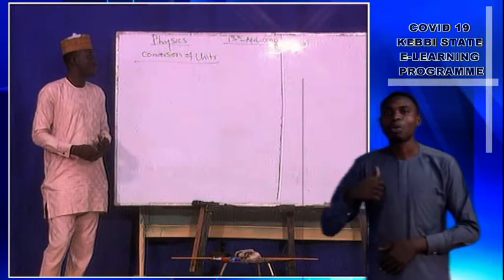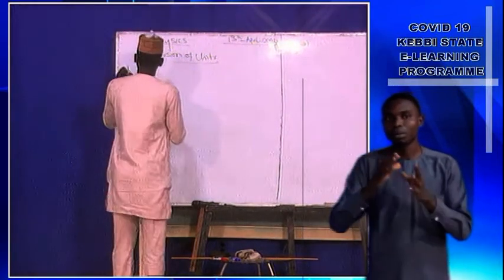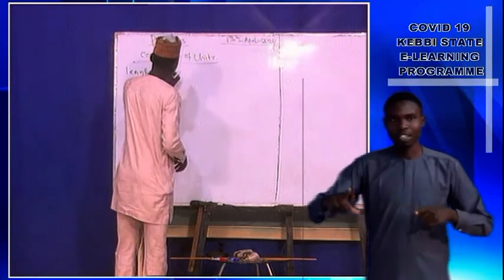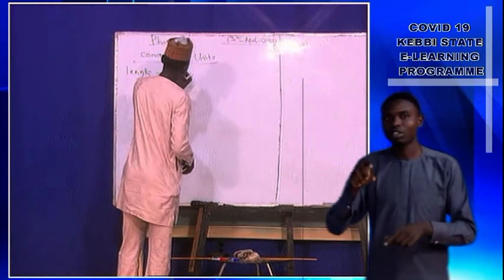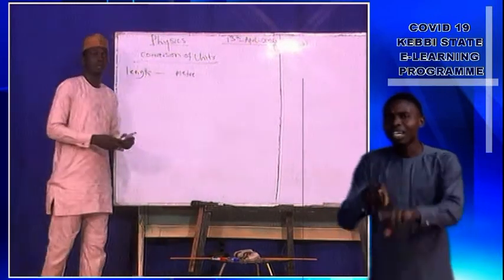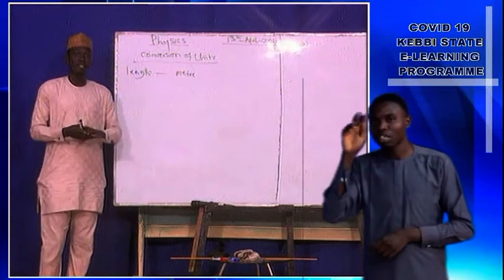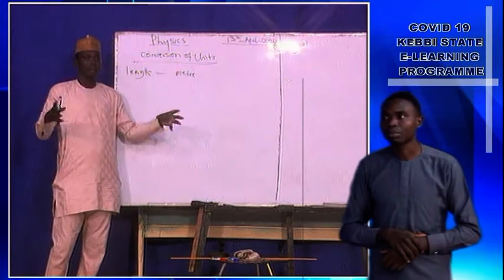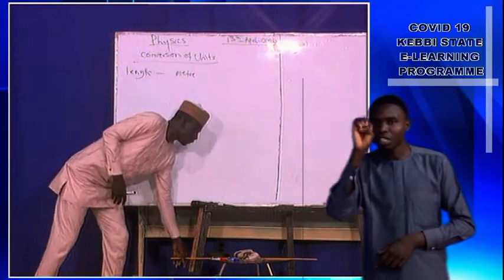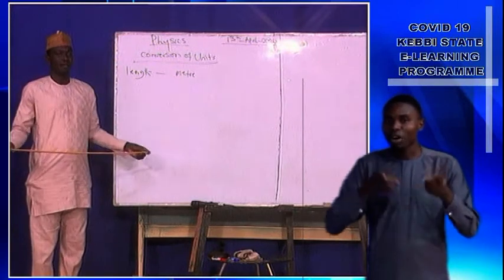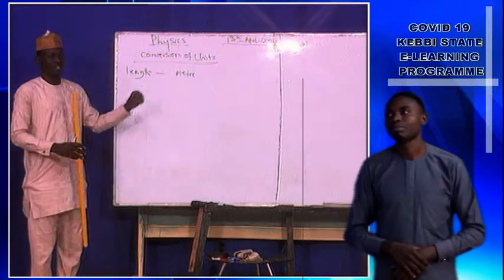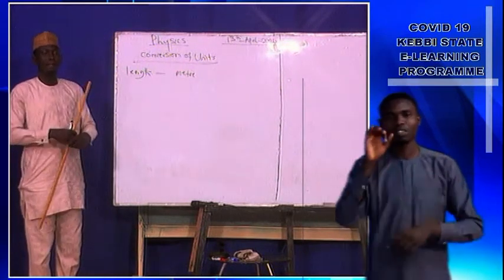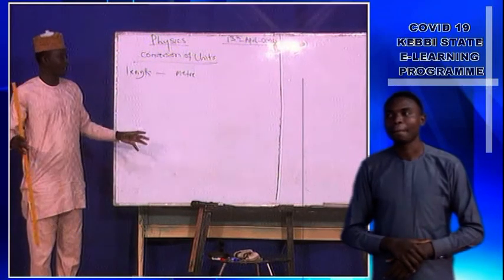Let us start with length. Length has a unit of meter. A meter expresses length. The meter has different classifications: kilometer, centimeter, millimeter, decimeter, and others.